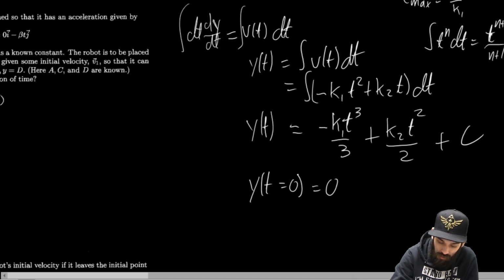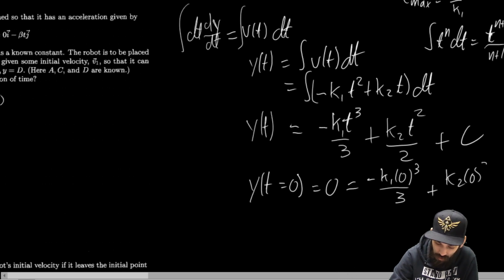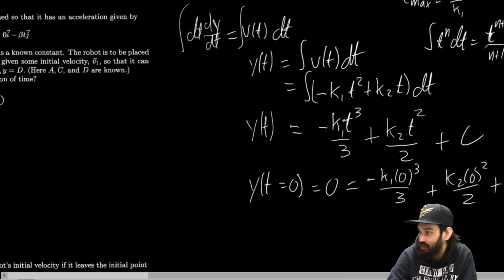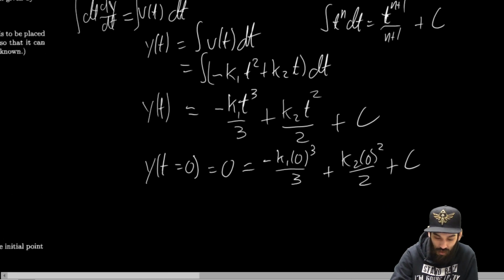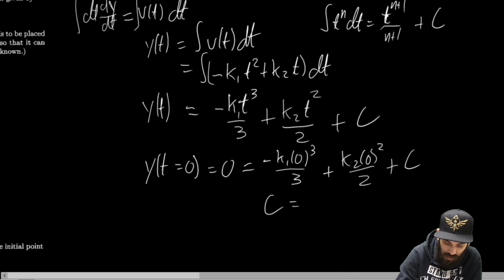And so ultimately what this says, we can be very explicit here and really evaluate our function with t equal to 0 divided by 2 plus c. This says that c is equal to 0.